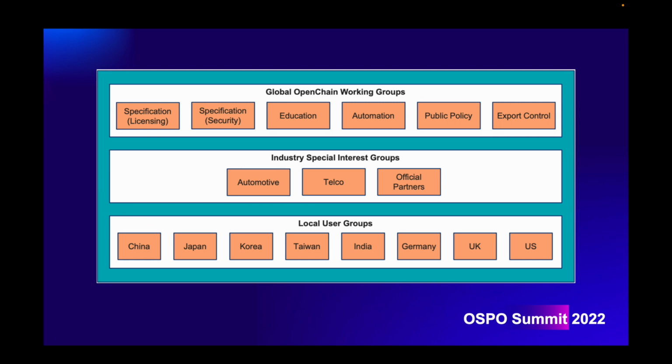And we have local user groups located in different jurisdictions like China, Japan, Korea, Taiwan, India, Germany, UK, and US, with more expected to appear in 2023. The user groups, of course, generally operate in their local language, providing an environment that is comfortable and welcoming for the companies around.